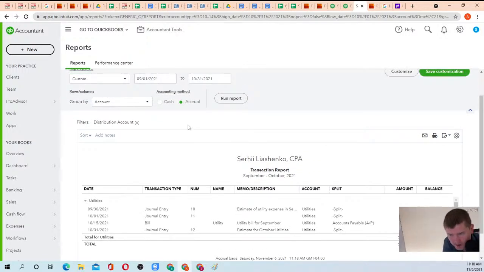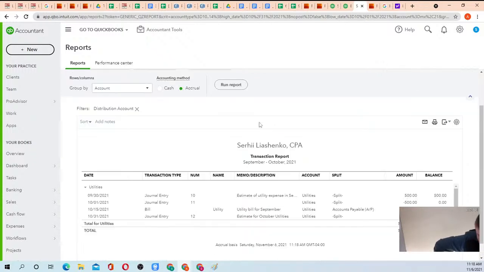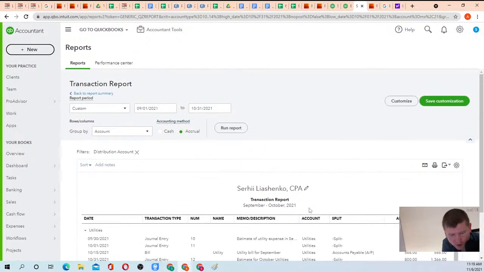So what is the ending result? Let's see here. So September. Okay, so the total expense for 2 months will be 1,366, which is the actual, which we already know, plus our estimate for October. But let's look at October.